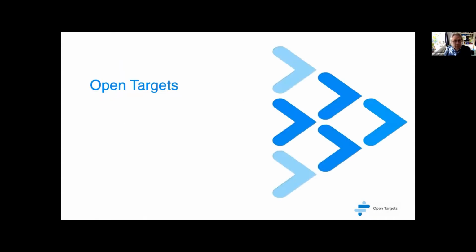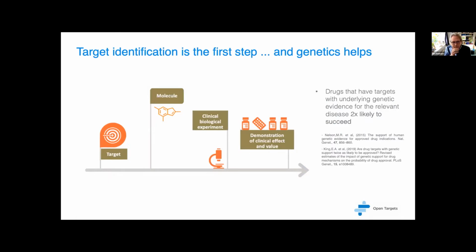So to start with, on Open Targets, as I think you'll know, making the choice of the target that you want to use in a drug discovery program is a critical point in the process, because pretty much everything that you do downstream of that is dependent on that target decision. And some years later, you'll find out whether that decision was correct in terms of success in clinical trials.